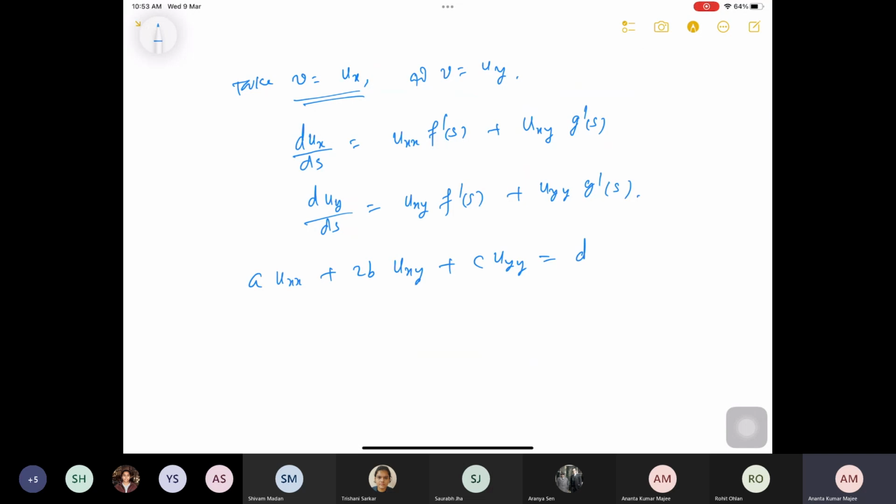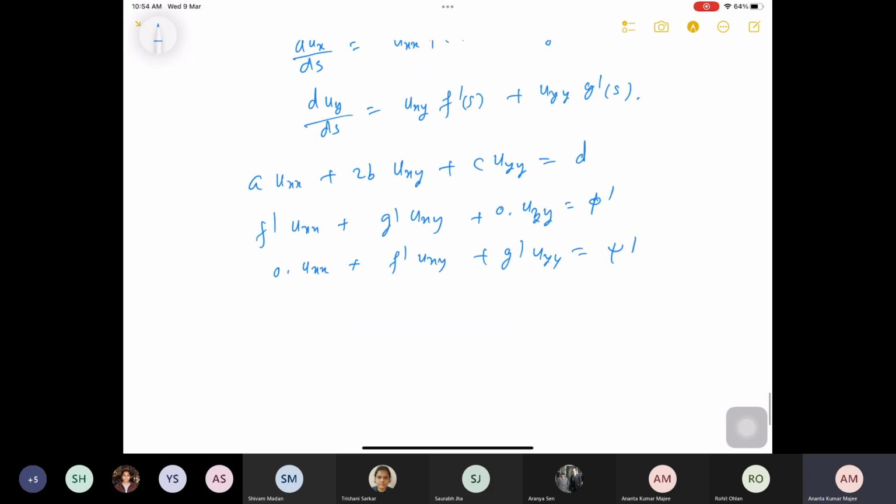So I can write this as f prime u_xx plus g prime u_xy plus 0 times u_yy, which is my phi prime. And from the second condition, 0 times u_xx plus f prime u_xy plus g prime u_yy is equal to my psi prime.